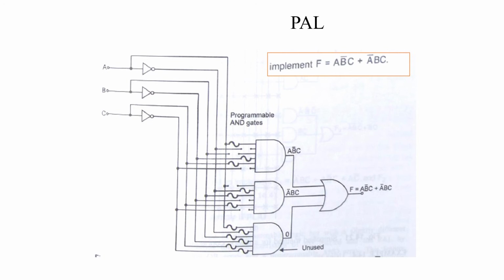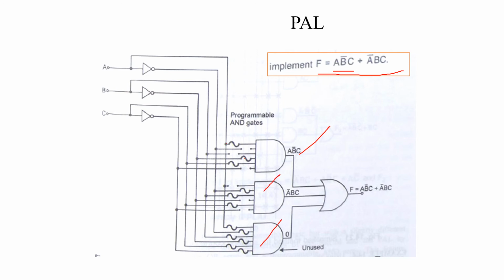Here the Boolean function F equivalent to A B bar C plus A bar B C is implemented by using PAL. So here A is taken, B bar is taken from here, and C. The first minterm is implemented by this AND gate, and A bar B C is implemented by this AND gate, and this one is unused.